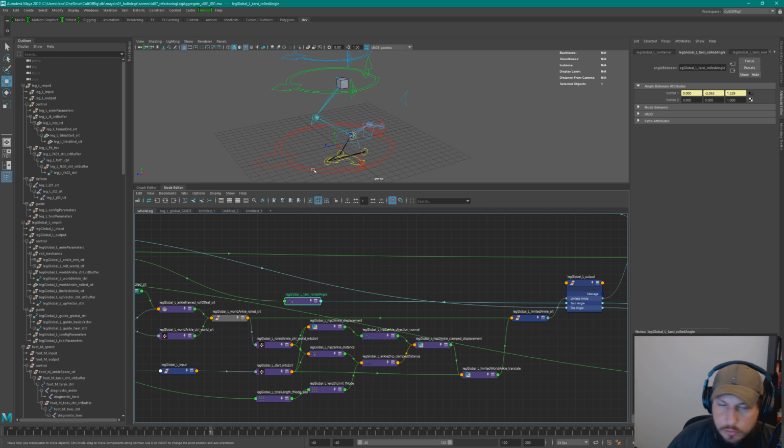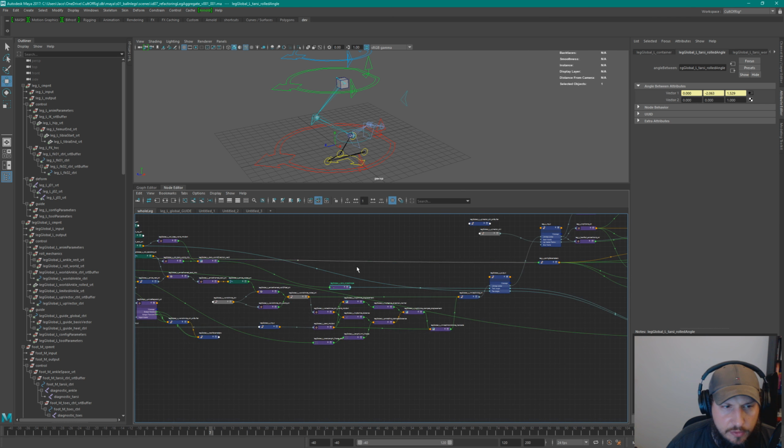So what I decided to do was take stock of everything that is going on with the leg global, seeing what nodes belong where, bumped into several things, and followed the chain of events to where I thought they should start.